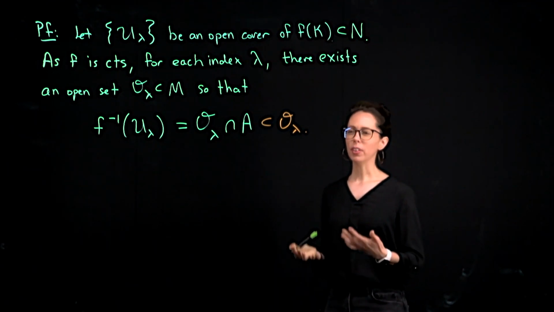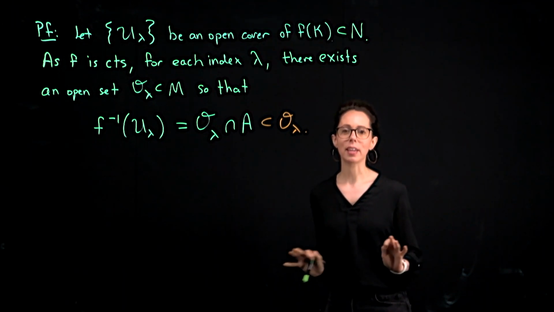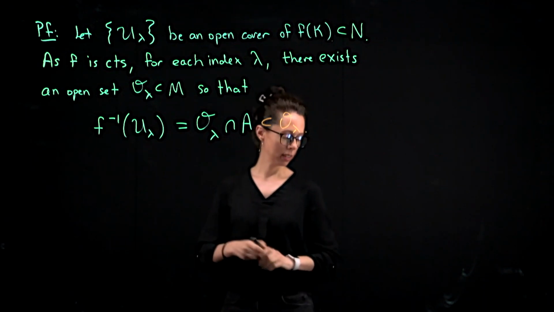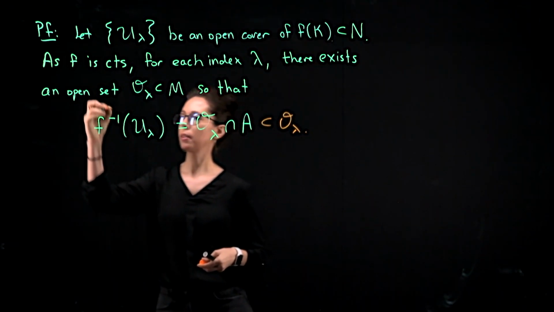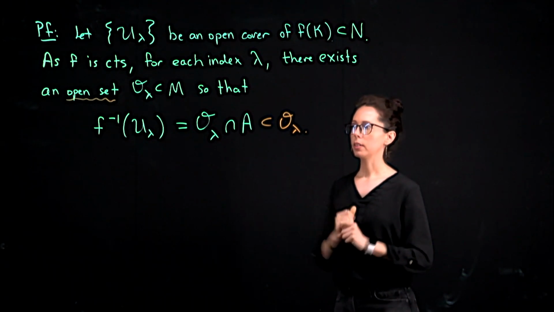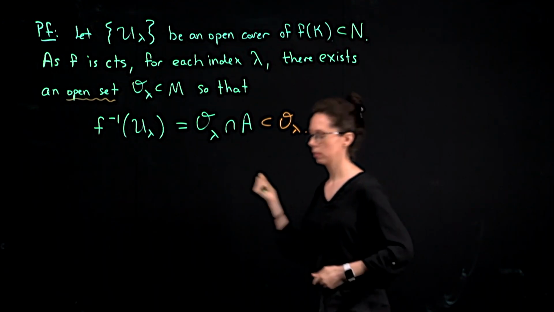It might feel obvious, but I would like for us to do this proof in full detail. So I'm going to prove that, okay, this is already open. I'm going to prove that this covers K. That it is open is given by the topological characterization of continuity. So now let's verify that K is being covered.